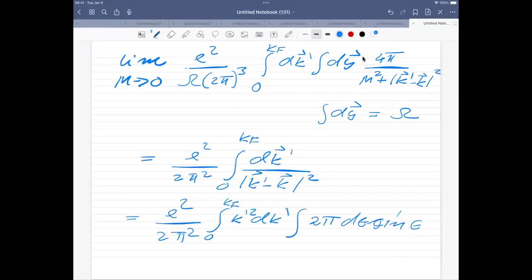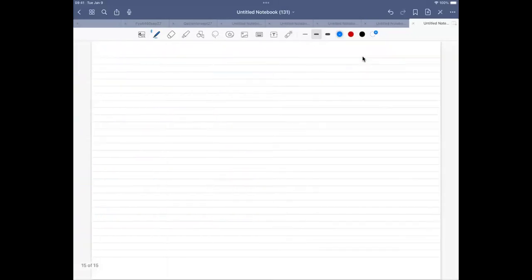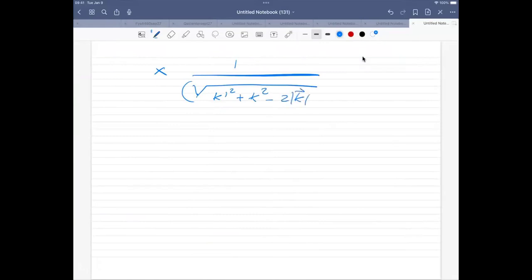And this is multiplied with 1 over the square root of k prime squared plus k squared minus 2 times the absolute value of k prime, times k, times cosine theta.